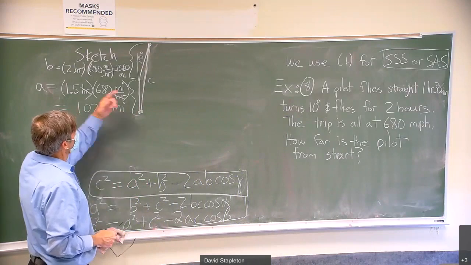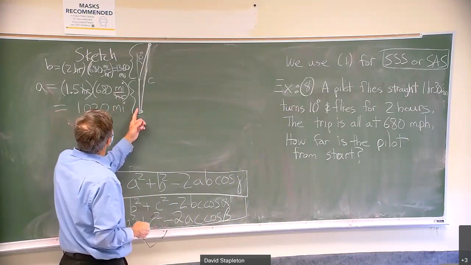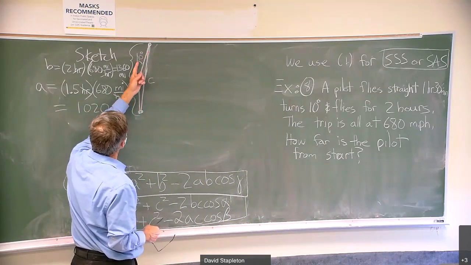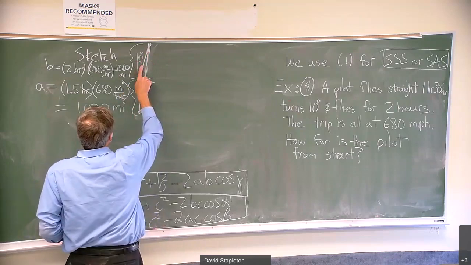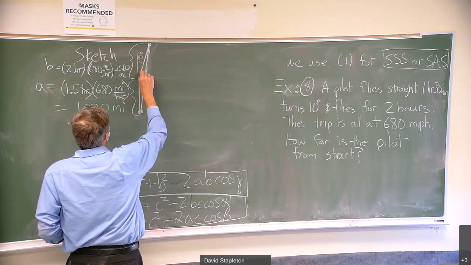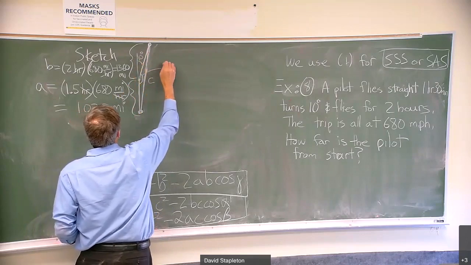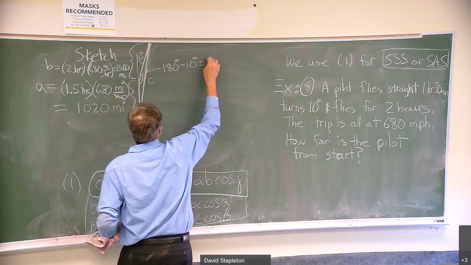Neither is side, side, angle, but we can still do something with that. All right, so let's see, we know a side and a side. We know this angle outside. You know what? Because this angle and this one are supplementary, add up to a straight angle, 180 degrees. We know this one must be 180 less 10 degrees. It must be 170 degrees.